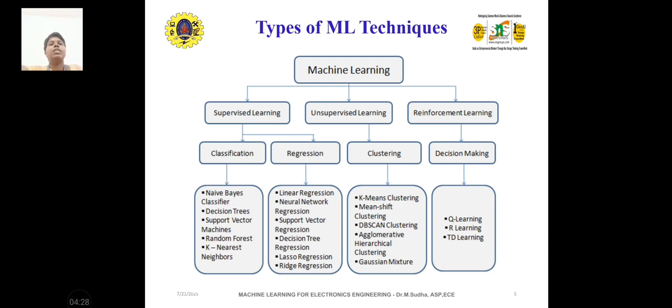And coming to decision making, that is Q learning, R learning, and TD learning. So these are the algorithms which support machine learning for supervised, unsupervised, and reinforcement types. We will see one by one how the algorithms work in detail in forthcoming lectures.